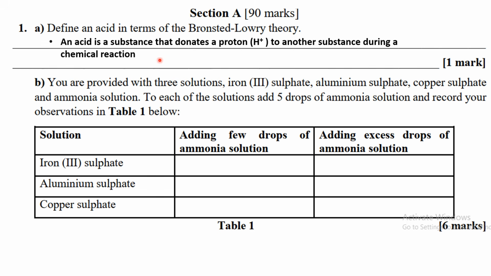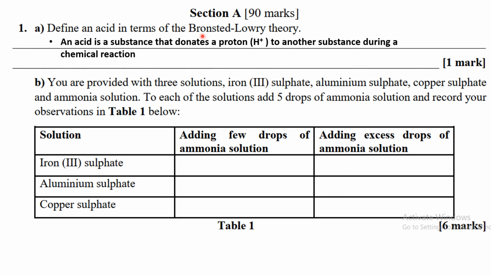Unlike the Arrhenius theory, Arrhenius says that an acid is any substance that can release hydrogen ions in water solution. And it goes on to define a base as a substance that releases hydroxide ions in solution. But the question is not asking for the Arrhenius definition.